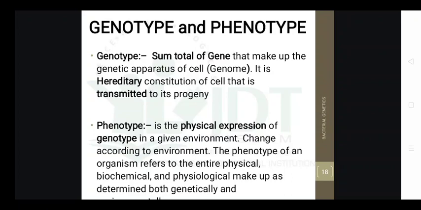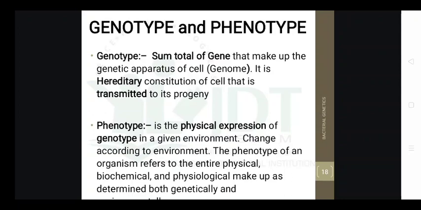Next one is phenotype. It is the expression of the genotype in a given environment. And one more thing, it will change with the change in environment, and it refers to the entire physical, biochemical and physiological makeup as determined both genetically as well as environmentally.